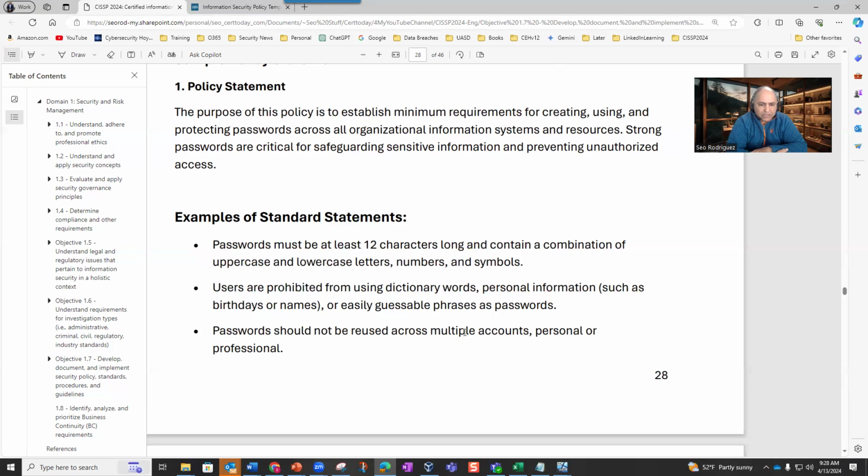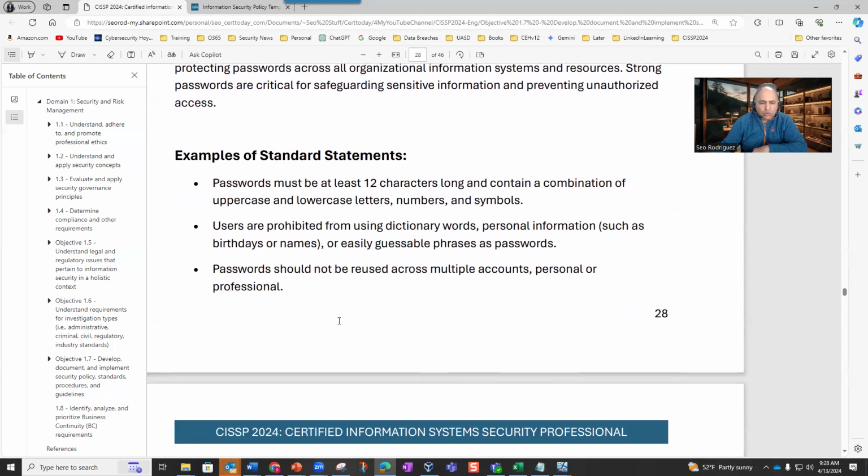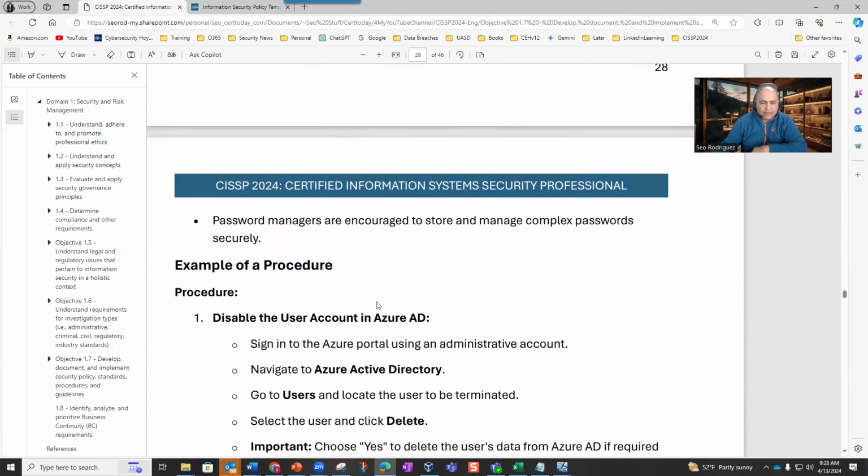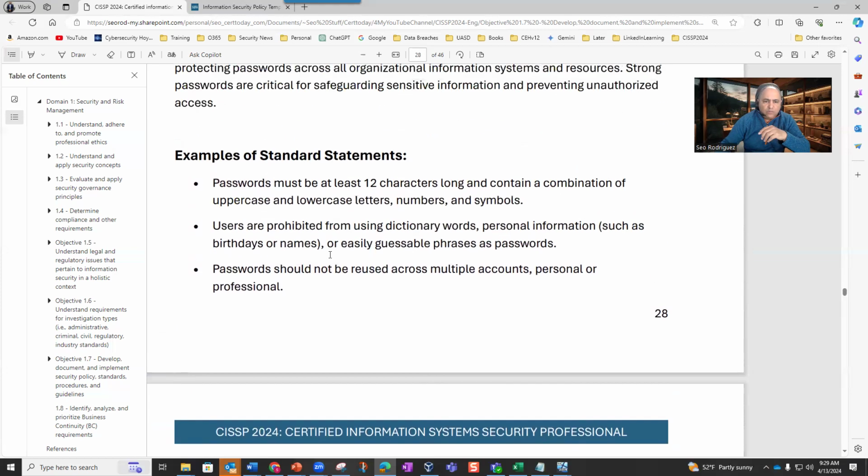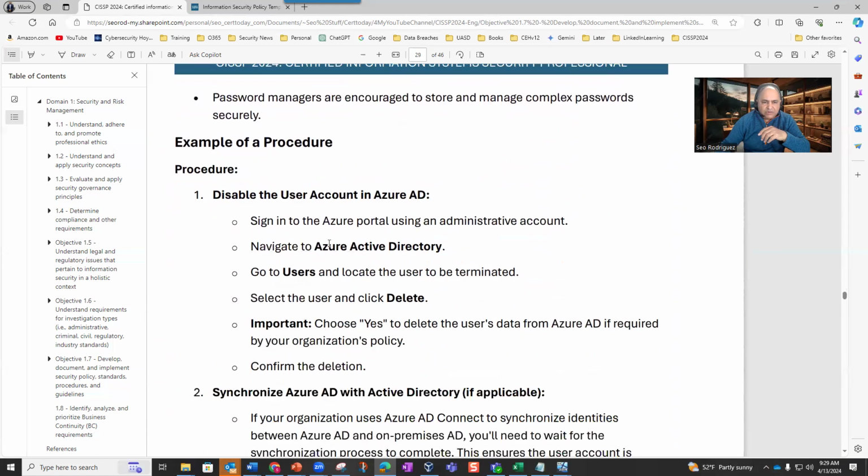Passwords should not be reused across multiple accounts, personal or professional. Password managers are encouraged to store and manage complex passwords securely. So those are some good examples of statements for standards.